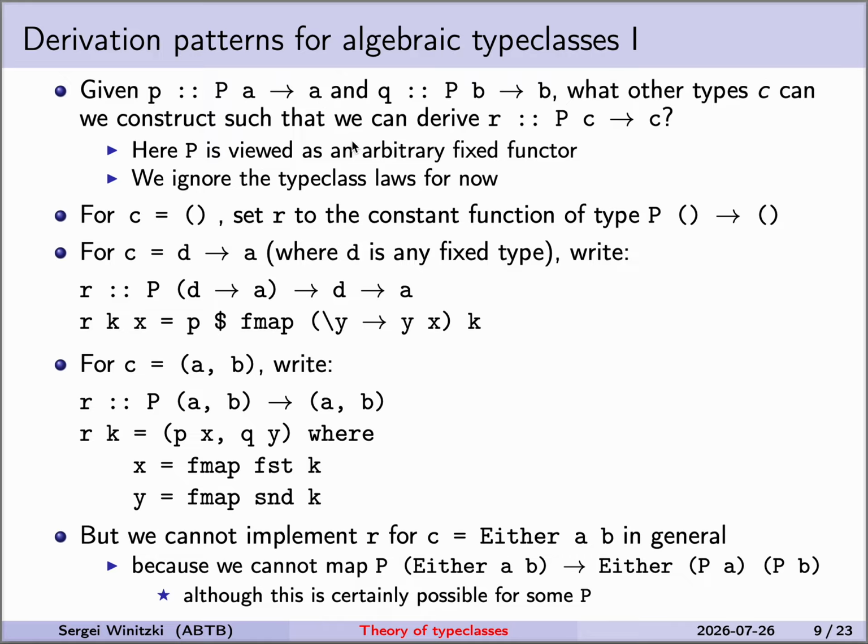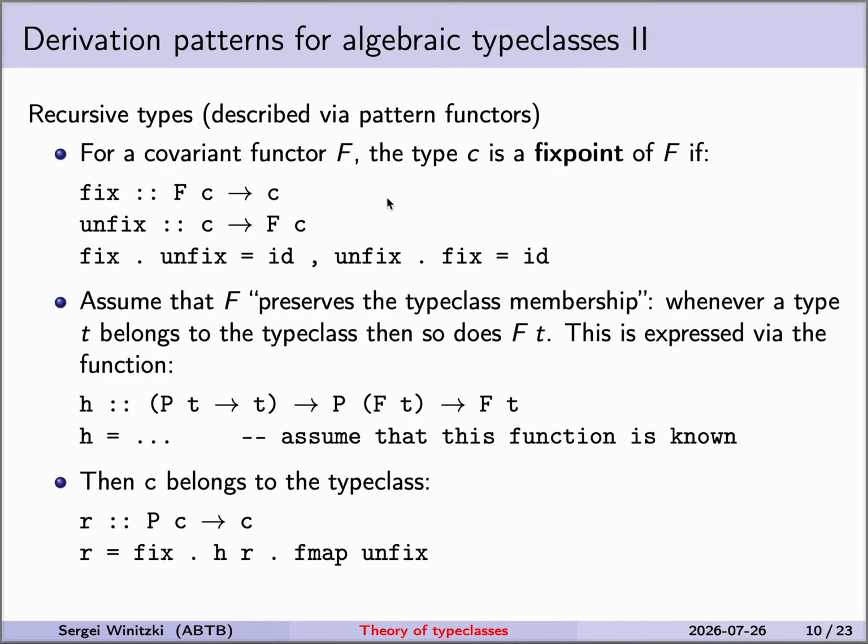So for practical programming, it is not very convenient to define type classes through the single structure map, but for reasoning about type classes and proving and exploring their properties, it is much more convenient. It's much simpler to just write down a formula like this, and then you just define new code, and you show that it is possible. But similarly with recursive types, it's much easier to deal with recursive types from a theoretical point of view and to prove their properties if you define them as a fixed point.